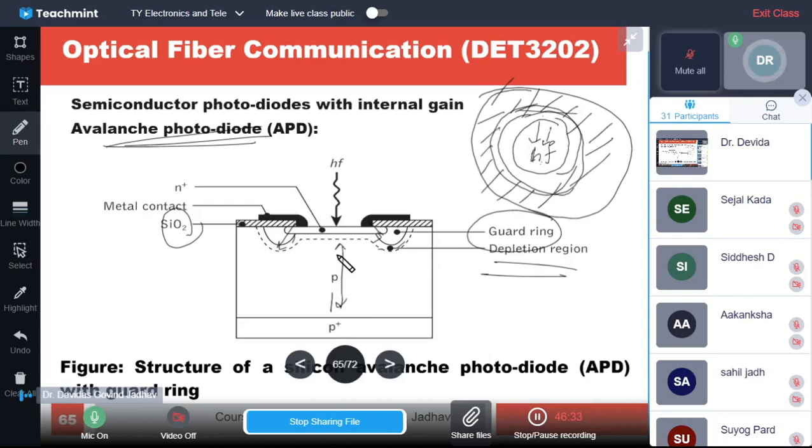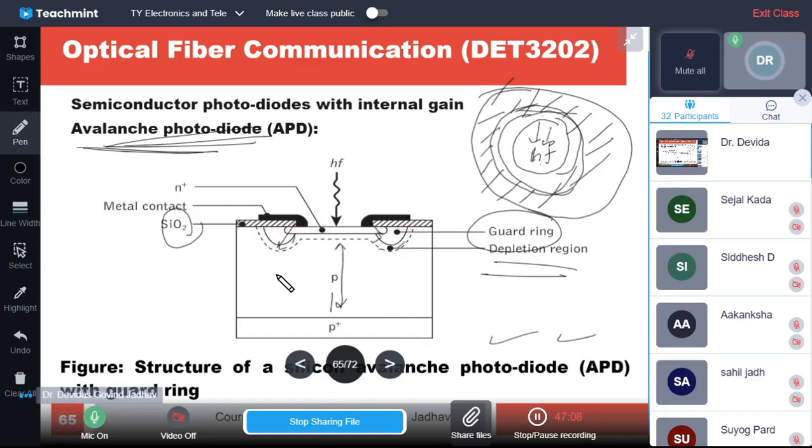So this is the figure of the structure having the details of the silicon avalanche photodiode, APD. These are the details of the APD structure. There is a P plus N plus region, there is a junction and depletion layer, there is an intrinsic P region, there is a P plus region, and there is a metal contact metallization.